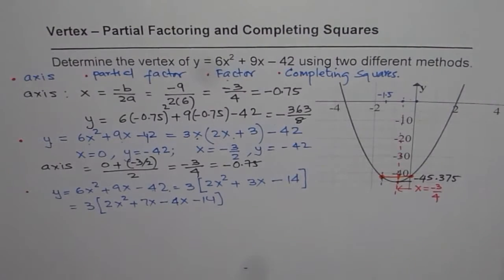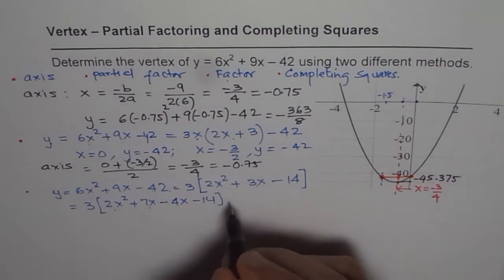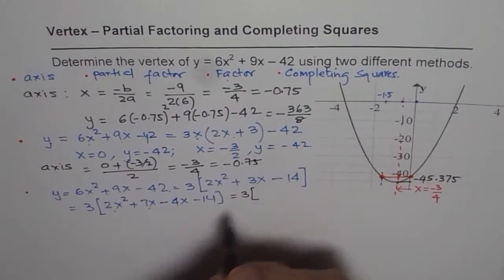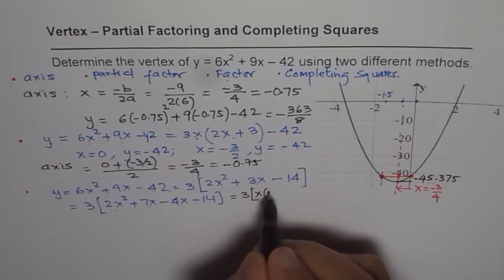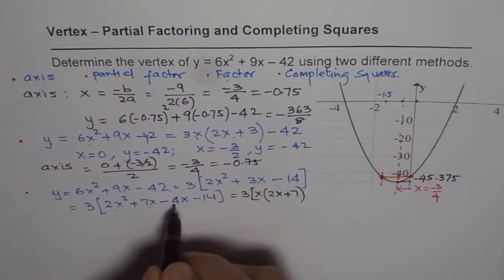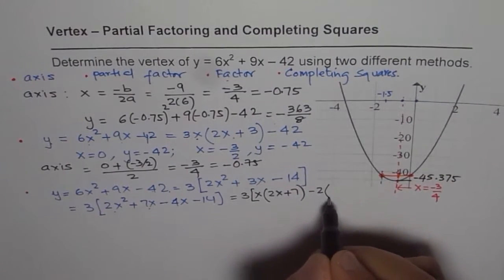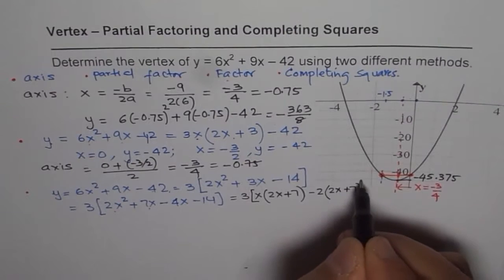Now we can factor the first 2 terms, x is common. So we can write this as 3 times x, and within the bracket we get 2x plus 7, and here we can take 2 common. So we get minus 2 and then again 2x plus 7.